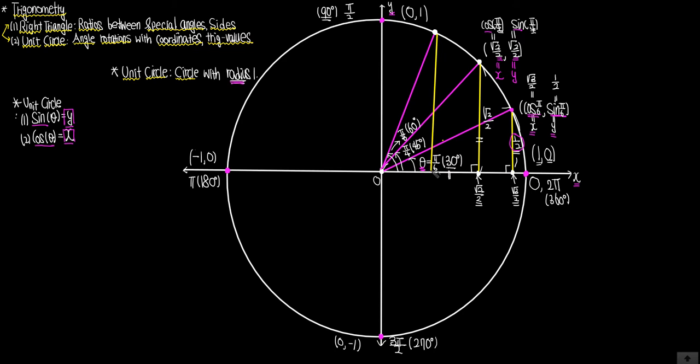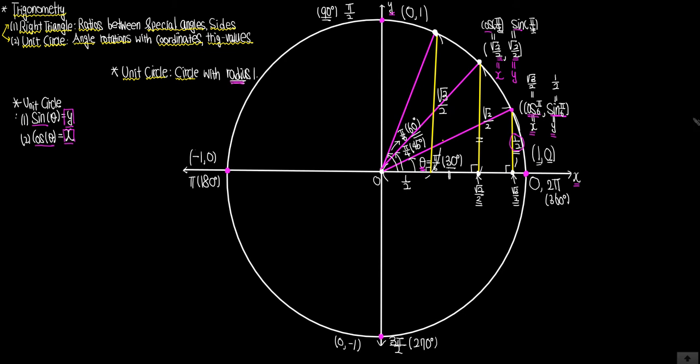So again, if you make a right triangle like this to think about the coordinate, then automatically the right angle will be formed here. And we need to find the coordinate here, but according to our right triangle ratio, if the main angle is 60 degrees, then the side opposite our main angle will be equal to square root of 3 over 2, and the side adjacent to our main angle will be 1 over 2.